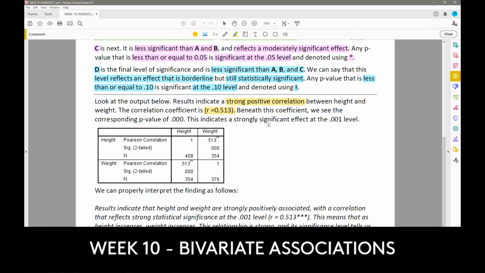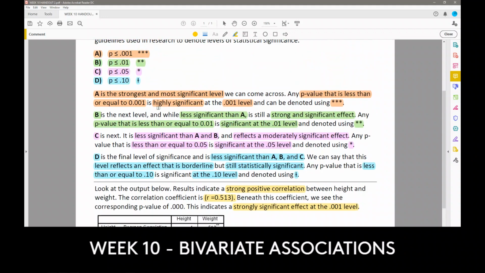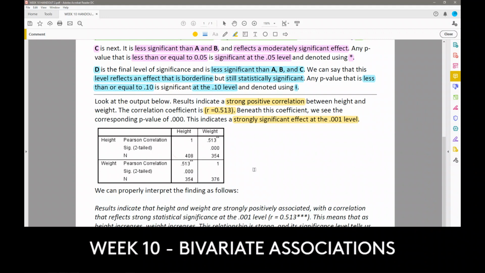So we know that this correlation is strongly significant at the 0.001 level. Now you'll see on SPSS, it gives you 2 little asterisks here. Don't go by those asterisks. SPSS uses a different standard. So you always want to interpret significance using this here, okay, and the guidelines that we discussed up here, okay?